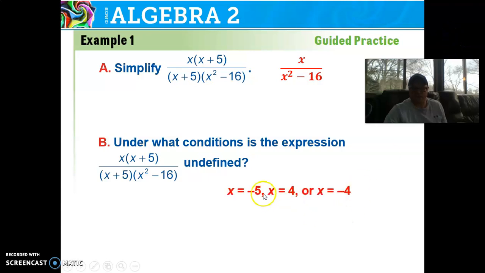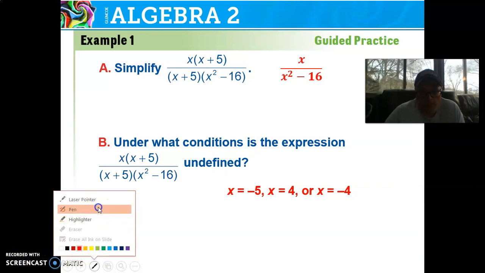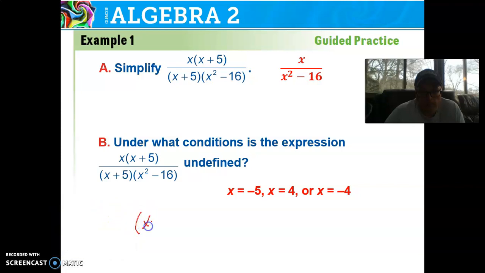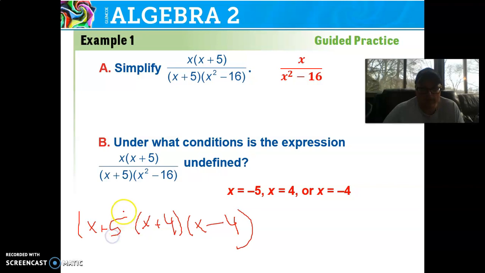And the answers are -5, +4, and -4. +4 and -4 come from solving or factoring x squared minus 16 into x plus 4 times x minus 4. And that would be all three of the factors.